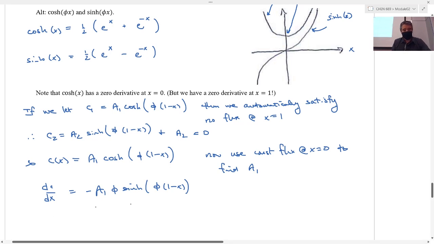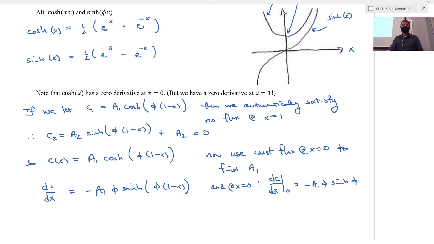And at x equals 0, this becomes dc/dx at 0 equals minus A1 phi times hyperbolic sine of phi. And therefore, according to our boundary conditions, that has to be constrained to be equal to -1, the constant flux.